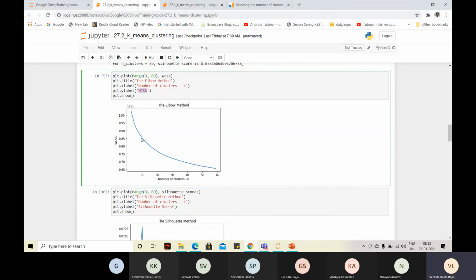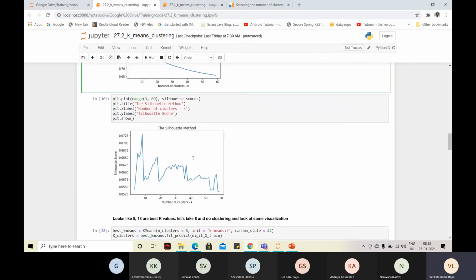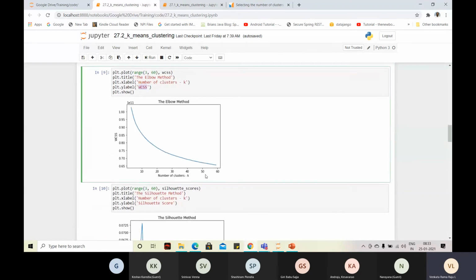Do you know where exactly the cluster size k is, by looking at this graph? No, right? This is another problem with the elbow curve. It will not always give you a clear-cut answer. Maybe somewhere here we can choose maybe 8 or so, but it will not give a clear cut.